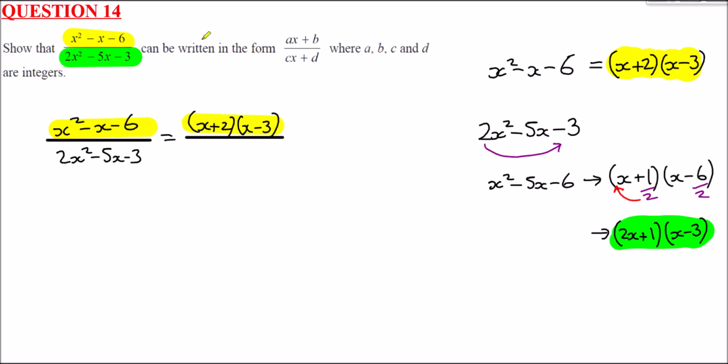And in the same way, the denominator here, using whatever method you use to factorize, you should hopefully be able to convince yourself goes to 2x plus 1, x minus 3.